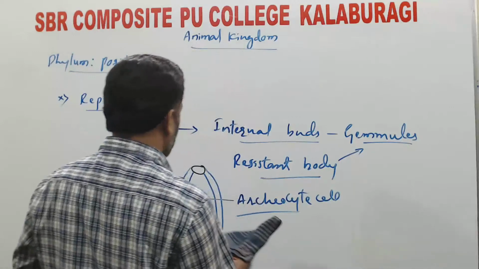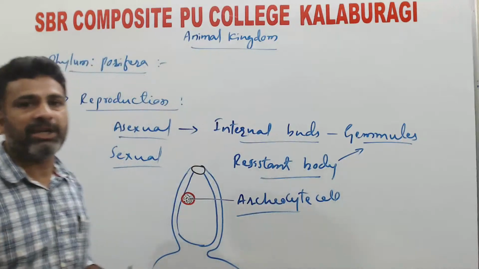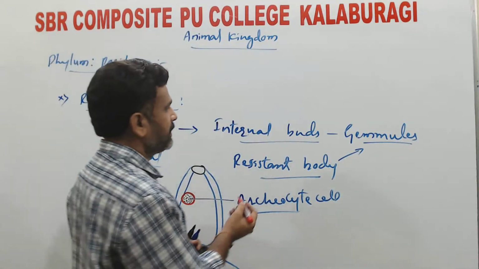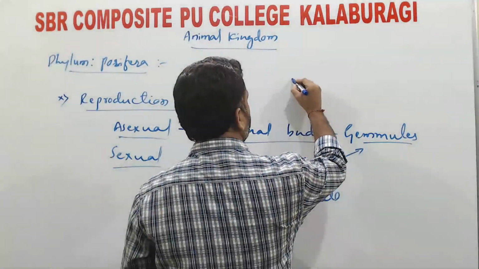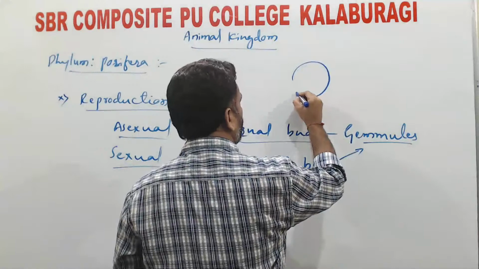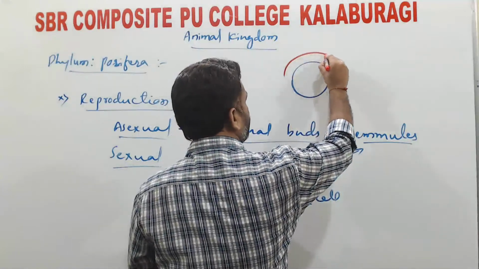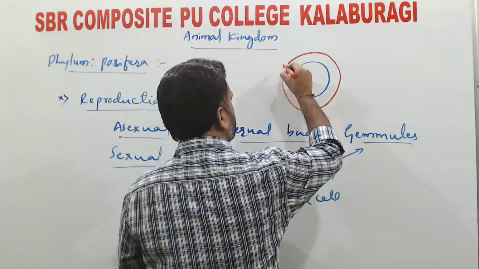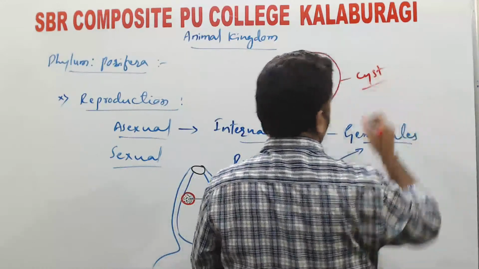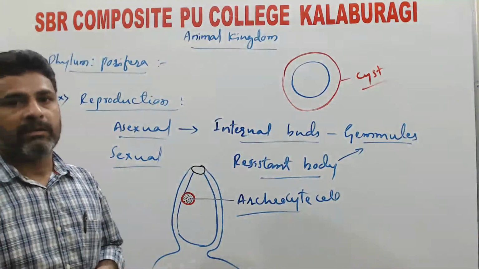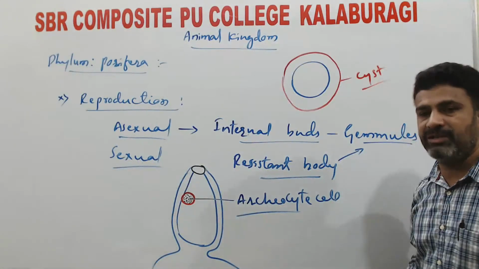These resistant bodies or gemmules are developed usually during unfavorable conditions. Suppose this is the gemmule. Around this gemmule there is a presence of the cyst. The cyst is a chitinous substance.